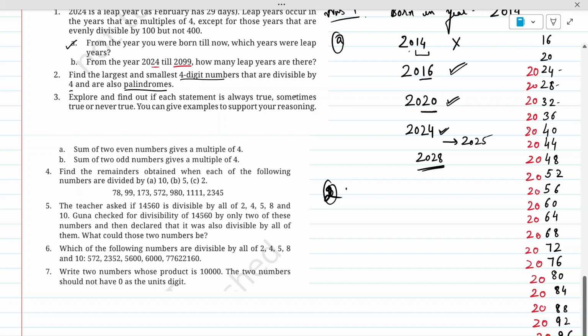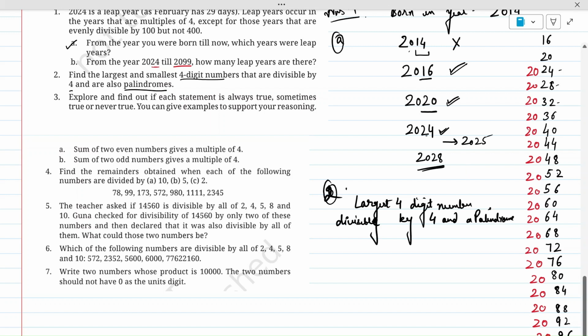We have to find the largest 4-digit number which is a palindrome also, and divisible by 4.